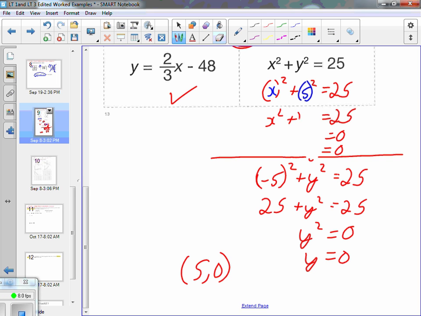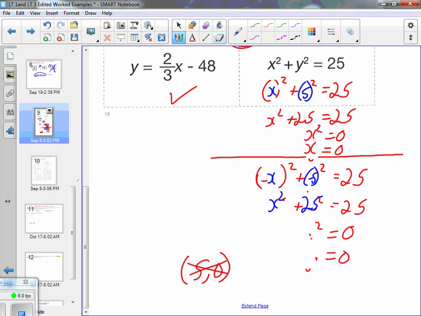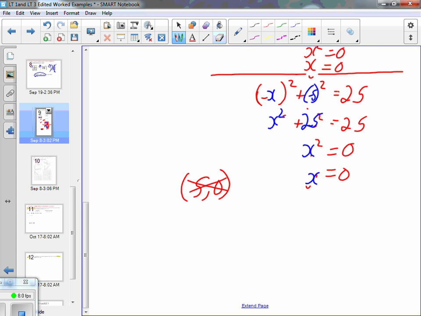That'd be x squared plus 25, x squared equals 0, x equals 0. And if I do it here, that'll be x squared plus -5 squared, x squared, 25, so x squared equals 0, so x equals 0. So I get 0, -5, and 0, 5, not a function.